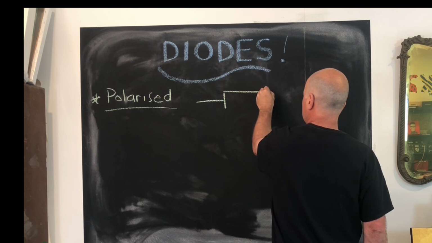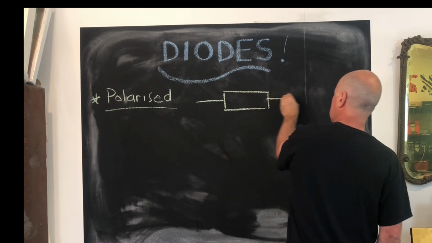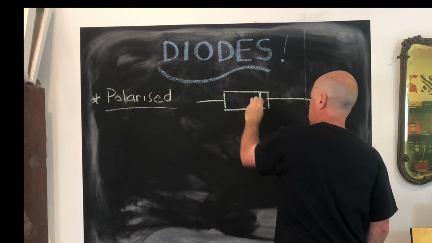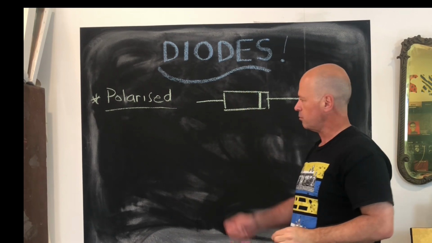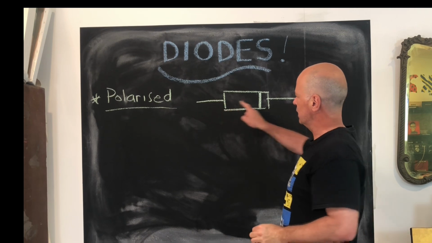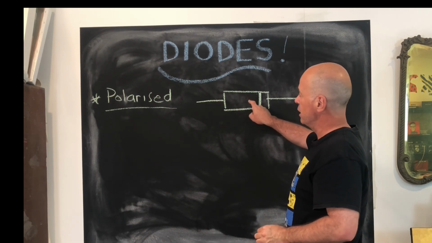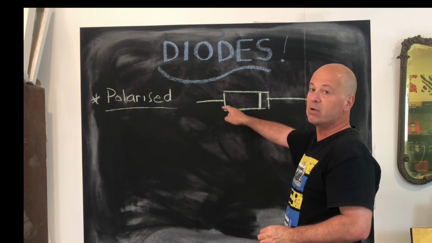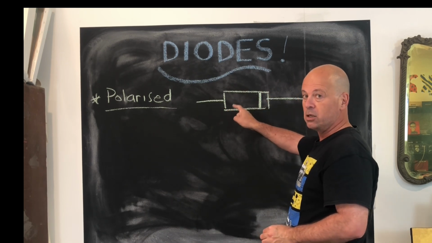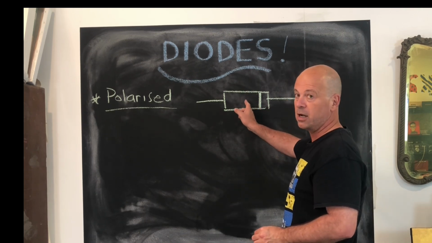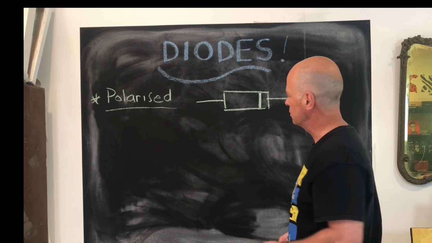And your standard diode normally looks like this, and it normally has a stripe at one end. These are metallic leads that conduct current. This is where the semiconductor lives, and it's usually contained in a resin casing to make sure that it's insulated, to protect the silicon that's inside from the outside world.